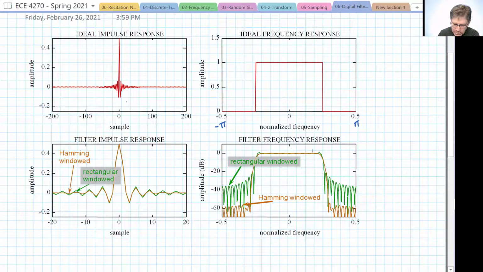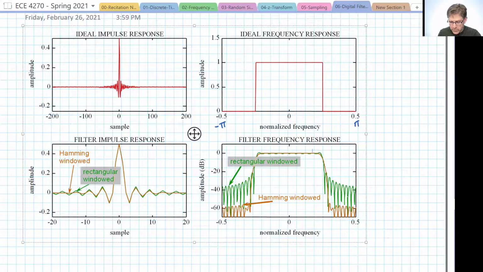So we get an ideal impulse response shown on the left. And you notice that even by the time we're out at 200 samples, it still hasn't died away enough to disappear.